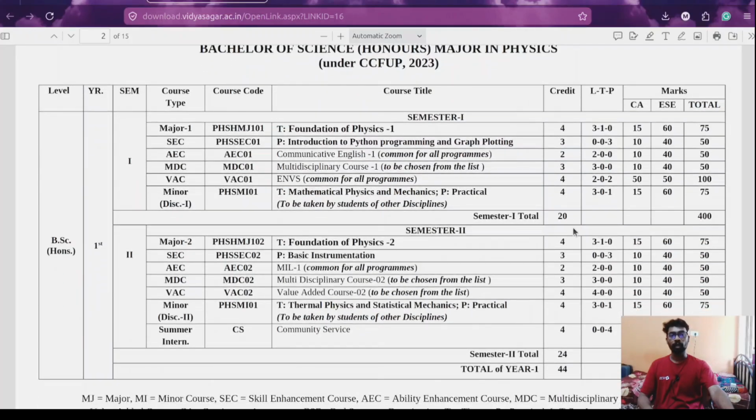So here I'm going to discuss from the right hand side part, basically the marks part, and then I come to credit part, and then I come to course title, and then I come to course code, and then course type, and so on. So basically, what is the meaning of CA, right?